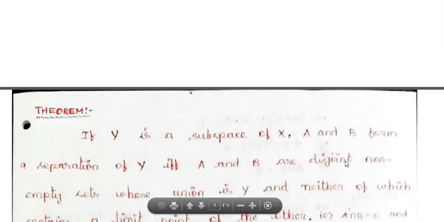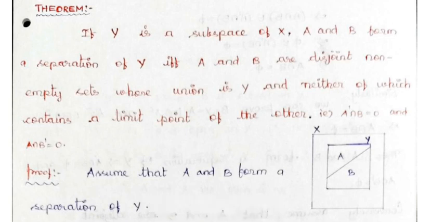Okay, now let's see the theorem. If Y is a subspace of X, then A and B form a separation of Y if and only if A and B are disjoint, non-empty, whose union is Y, and neither of which contains a limit point of the other.